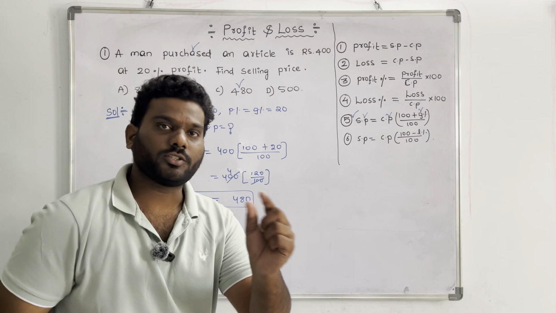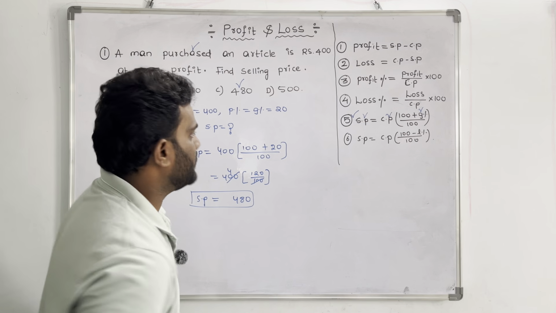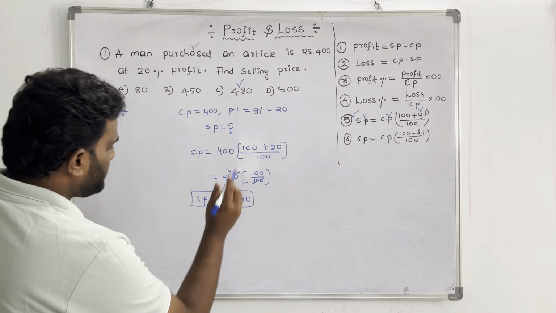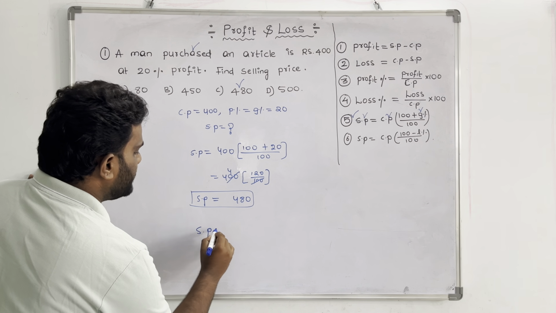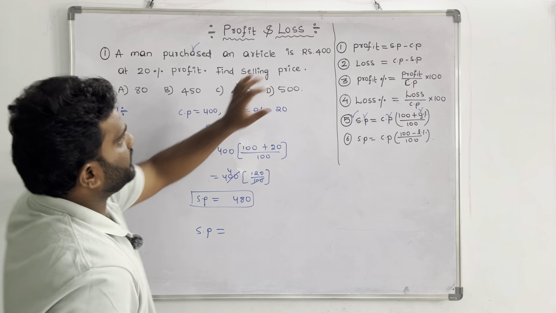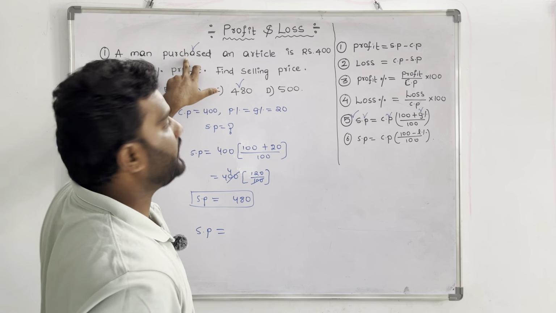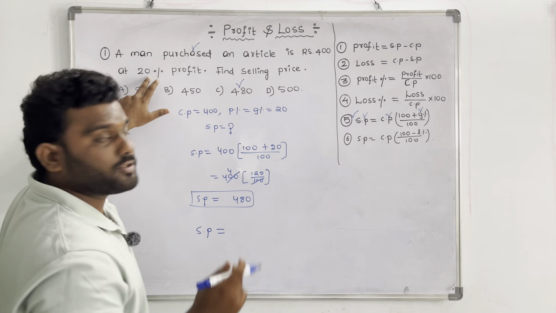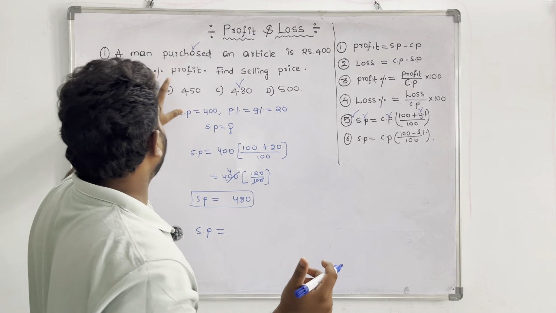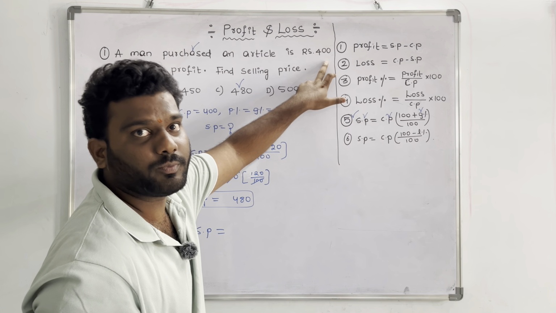Now I will tell you the short trick to solve this question. Since we need to find the selling price, he purchased an article for 400 and he got 20% profit. 20% profit of what? 20% profit of cost price always.